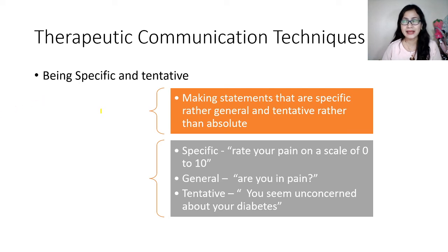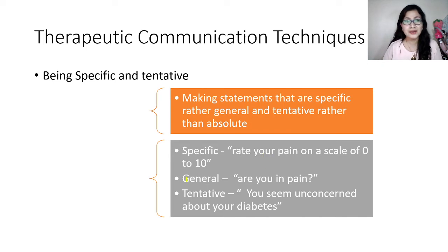Being specific and tentative. Making statements that are specific rather than general, and tentative rather than absolute. Example, please rate your pain on a scale of 0 to 10. That's specific. And you're going to explain where 0 means you don't have any pain, 1 is minimal, 2, and so on and so forth.